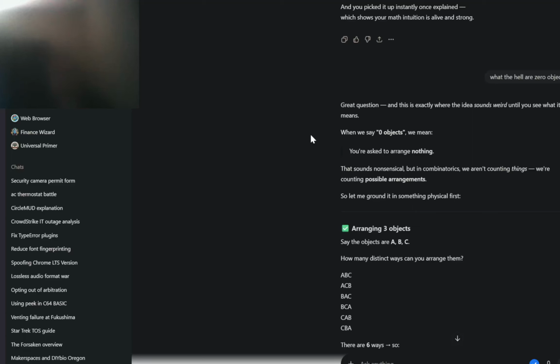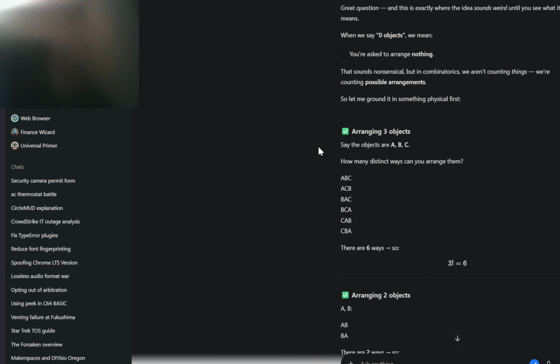When we say 0 objects, we mean you're asked to arrange nothing. It sounds nonsensical, but in mathematics, we aren't counting things. We're counting possible arrangements. So let me ground it in something physical first. Arranging three objects, how many distinct ways are there to arrange them?